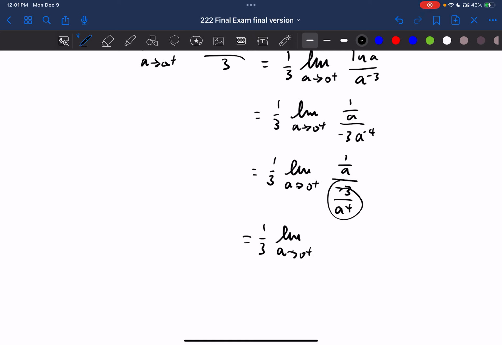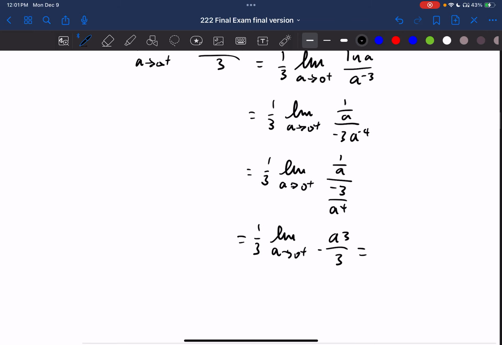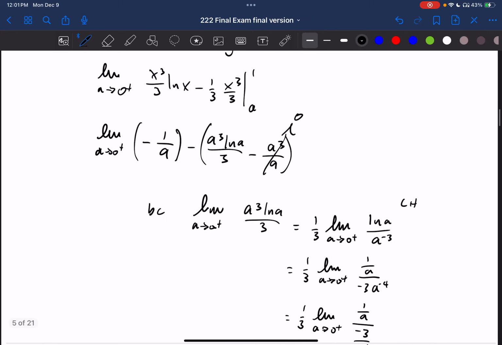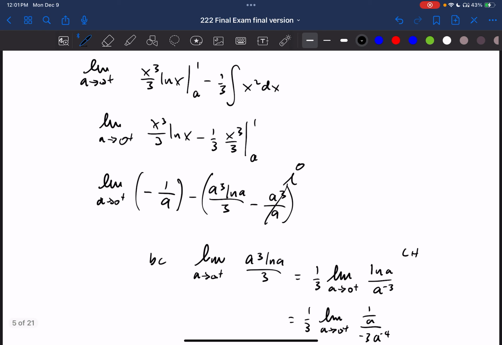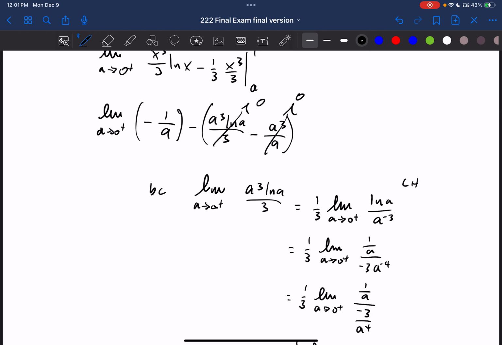Take this, flip it, multiply, and we're going to get a to the 3rd power divided by negative 3. We can see this will go to 0. So now we know this will go to 0 too. So simply, we're just taking the limit as a goes to 0 from the right of negative 1 over 9, which is equal to negative 1 over 9.